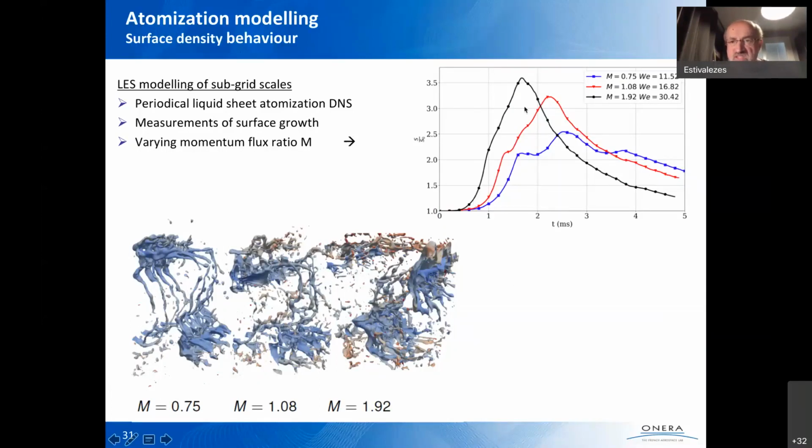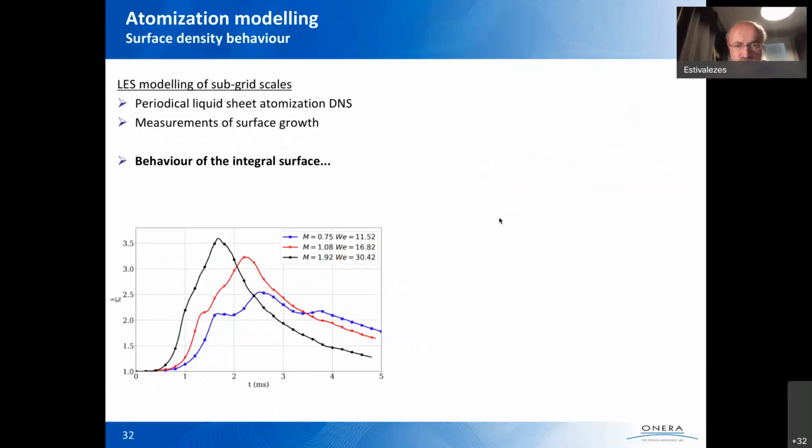So you can see that while the three curves have the same shape, they are not superposed one over the other, so they are not collapsed. So we try to understand if we can find some time scaling in order to make these curves collapse and to extract some global characteristic time or scale, which can be used in order to improve the system of the density interface equation.